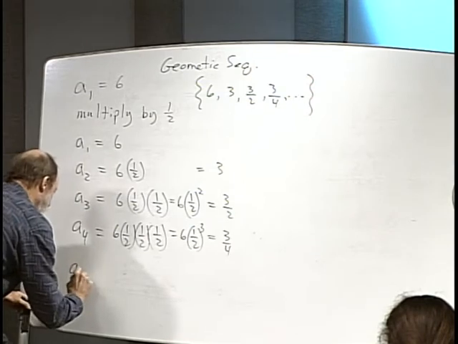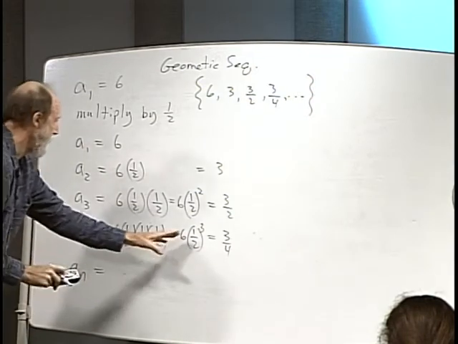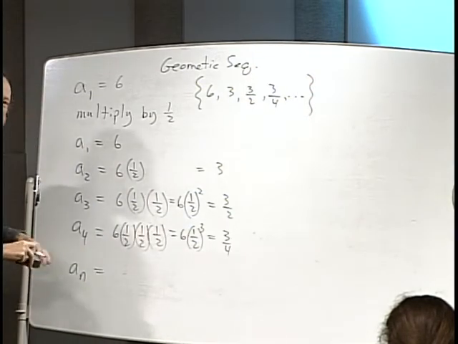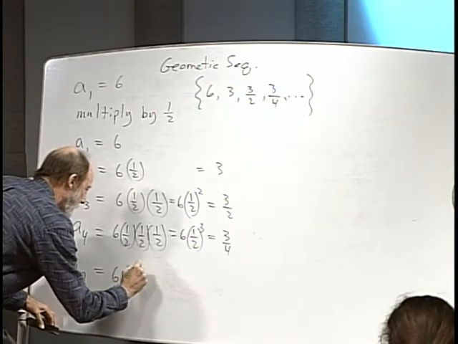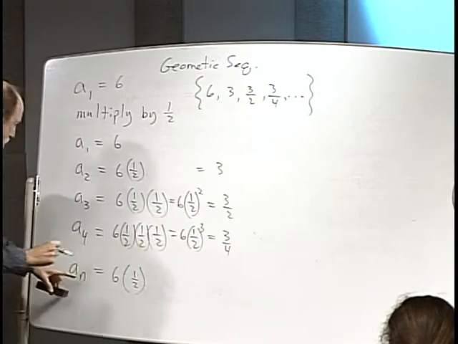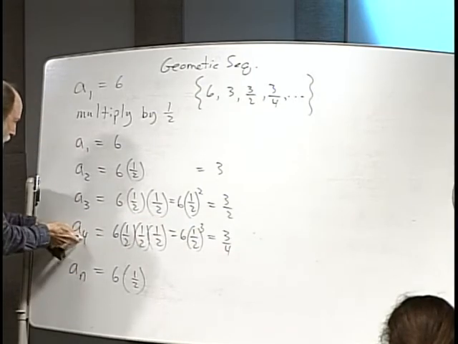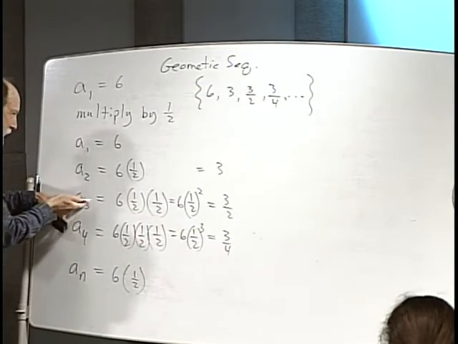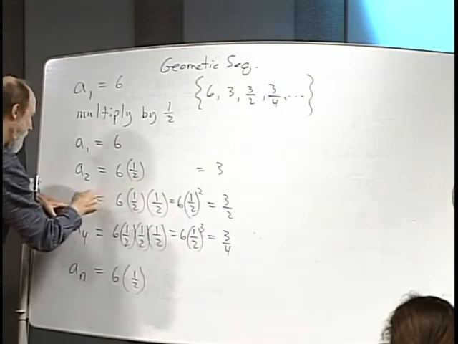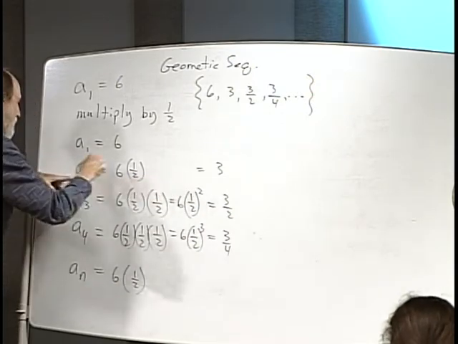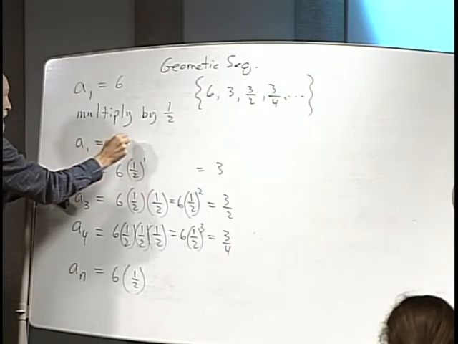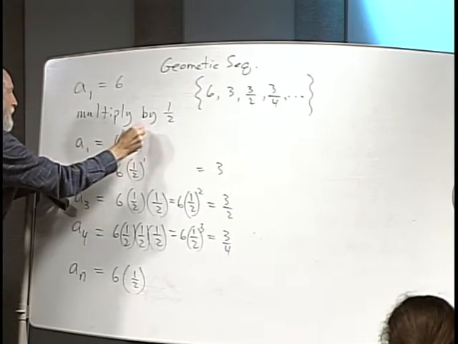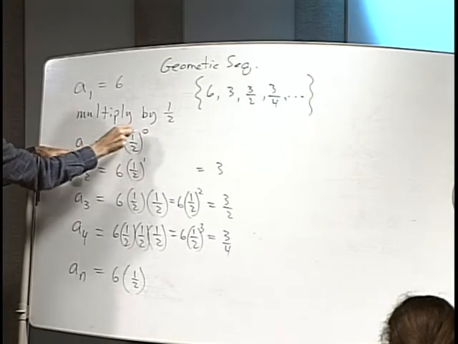So for the nth term, you should be able to look at this pattern right here and see it's this value 6 times our multiplier raised to, think of this as n. And notice the exponent there is one less than the term you're on. Even back here, look at this. 1 less than 1 is 0.